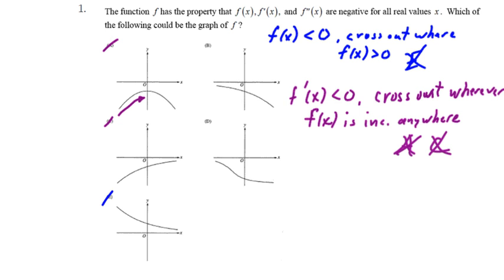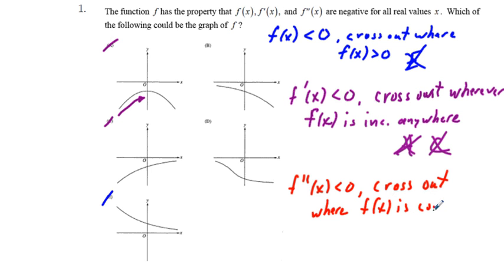Well, we're looking for f double prime of x is less than 0. So cross out where f of x is concave up, because concave down is going to be f double prime negative.